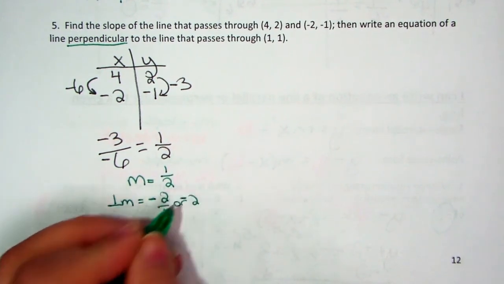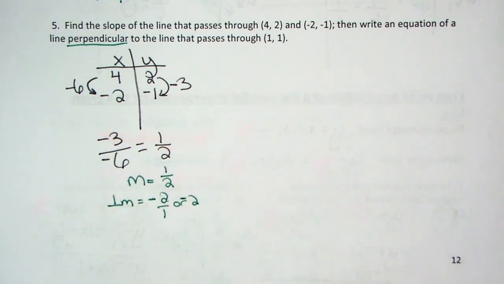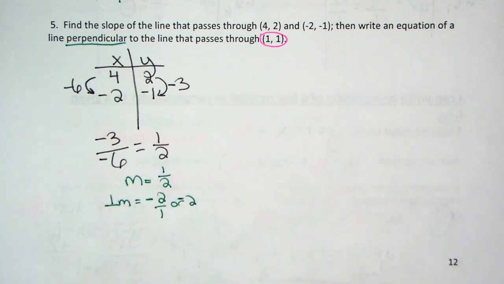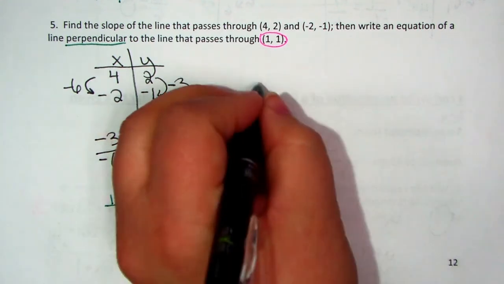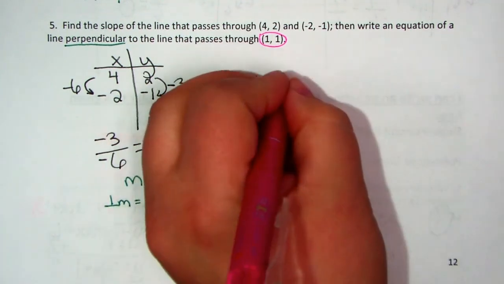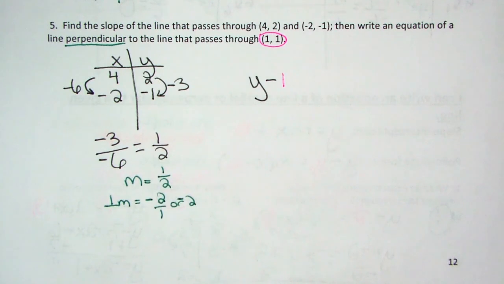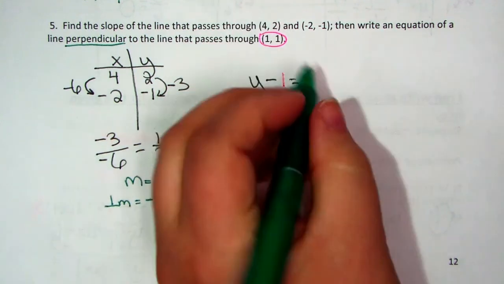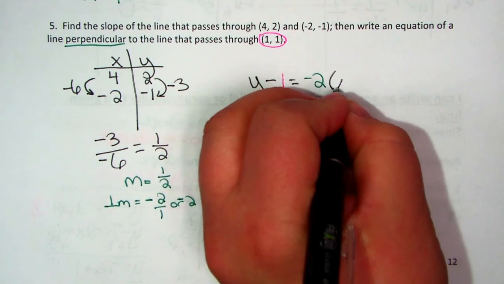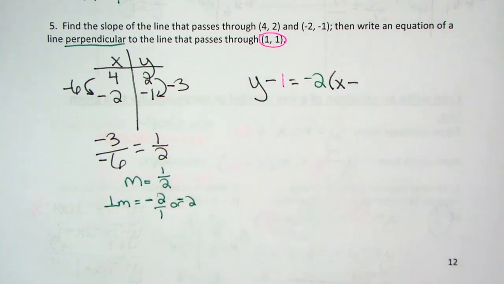Negative 2, technically. Now let's write our equation. Well, the information that they gave me was they gave me a point, and I already have a slope. So point slope form it is. Y minus my y coordinate, which is 1, equals my slope and then parentheses x minus my x coordinate, which is also 1.